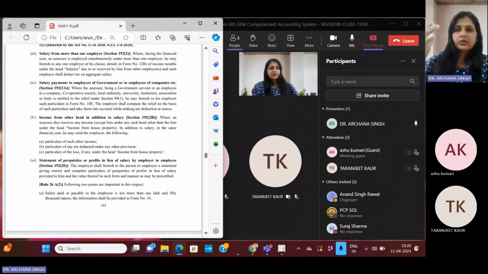Payment to employees of government or to the employees of companies etc. जो भी salary payment है, employees of government or employees of companies.